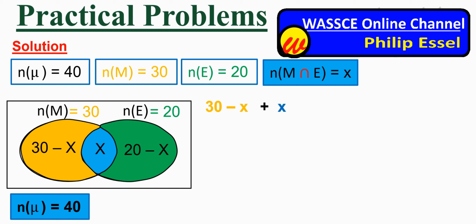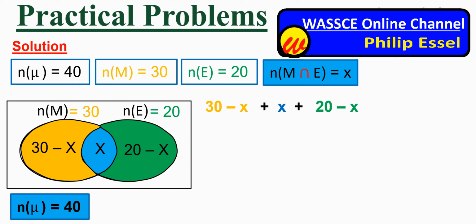Then plus x. Remember, x is the number of students in the blue group, those reading both maths and English at the same time. Then plus 20 minus x. 20 minus x would represent those in the green group, that is those reading only English.